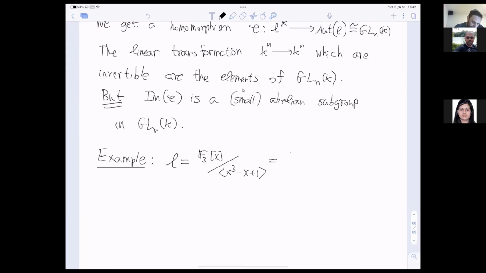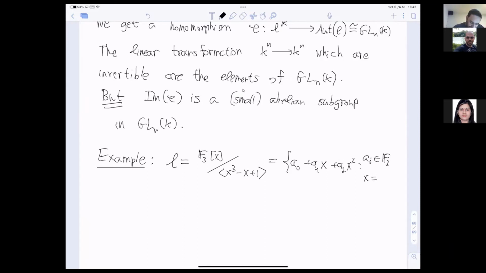This L is a0 plus a1 x plus a2 x squared, such that, of course, a_i belongs to F3, and x cubed, sorry.